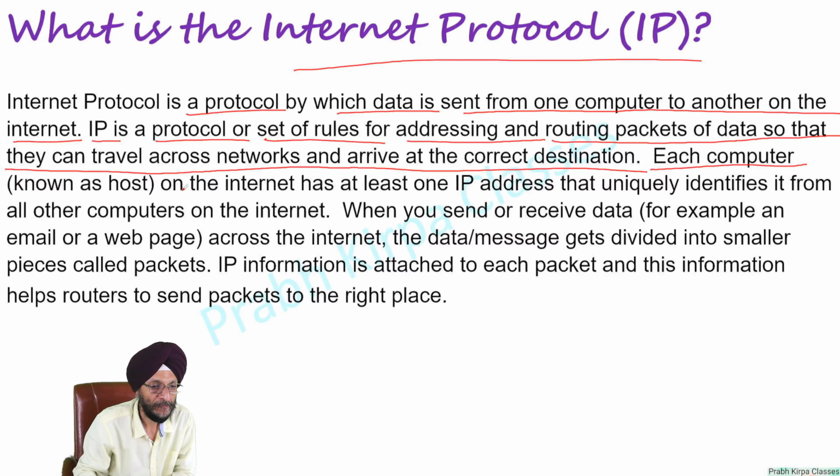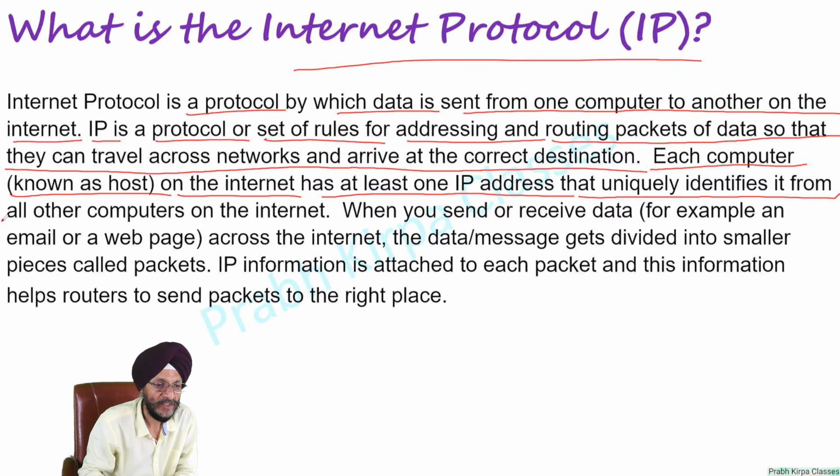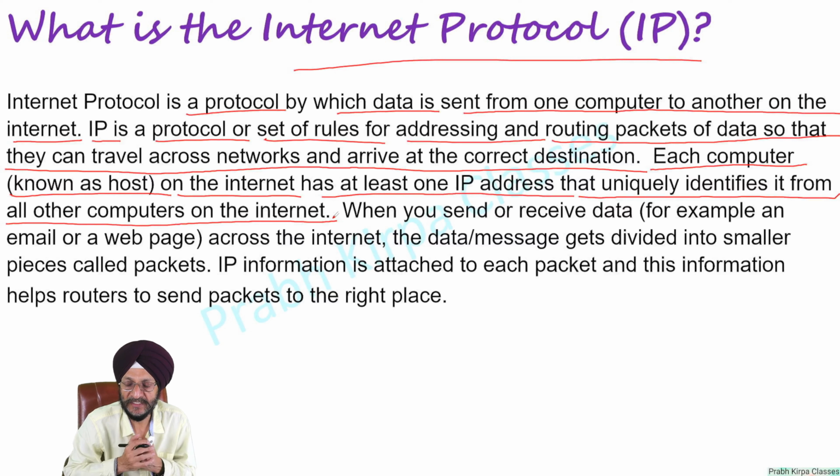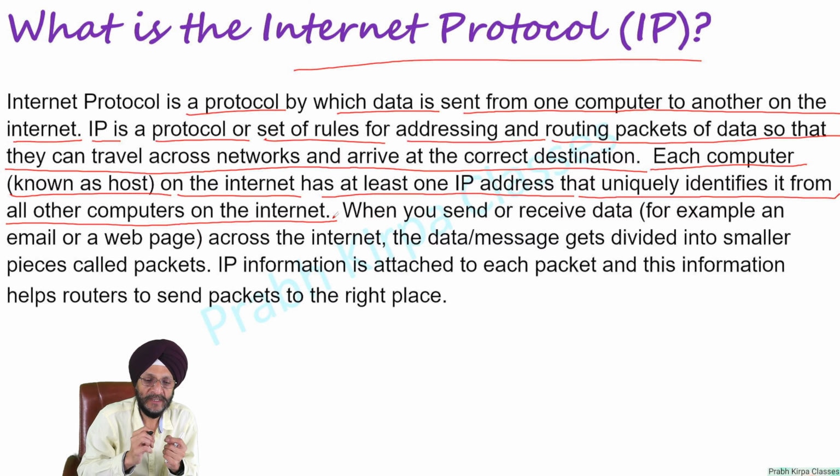Each computer, known as host, on the internet has at least one IP address that uniquely identifies it from all the other computers on the internet. It means that we may be using any device, any brand of computer or laptop or other device. Each of these devices has its own IP address, and from that we can identify a particular device.